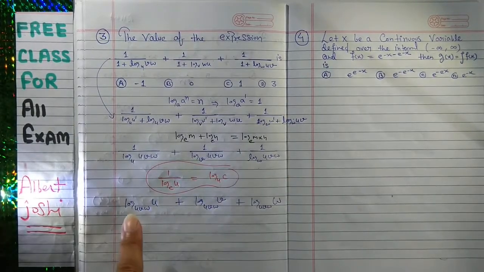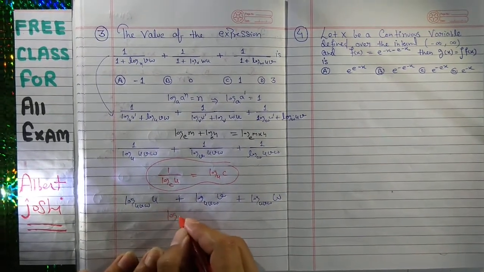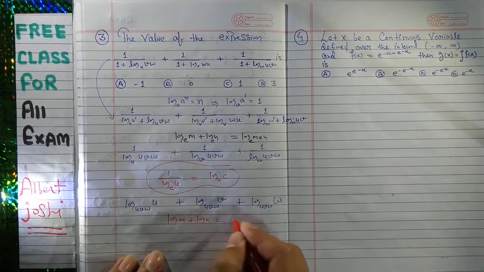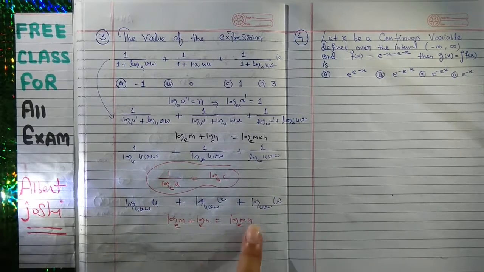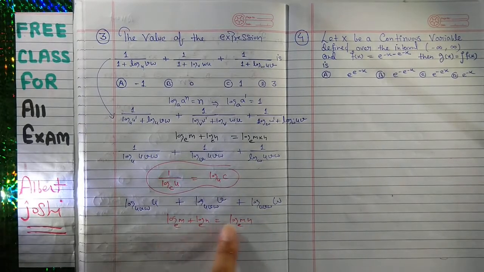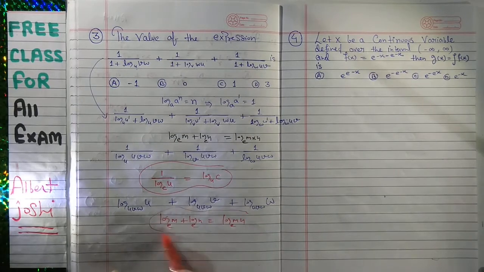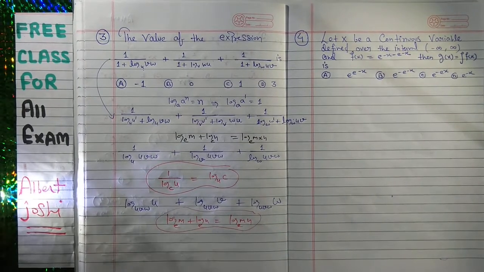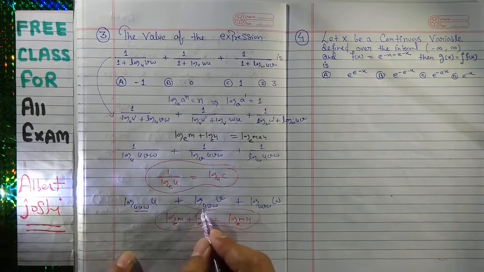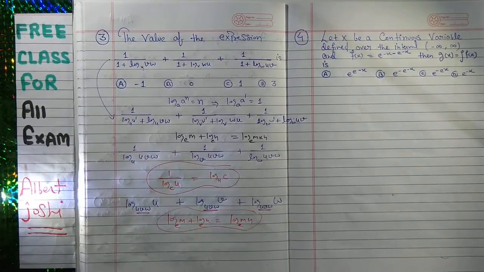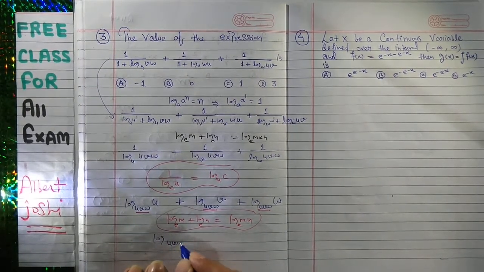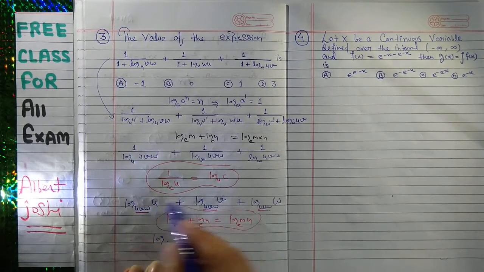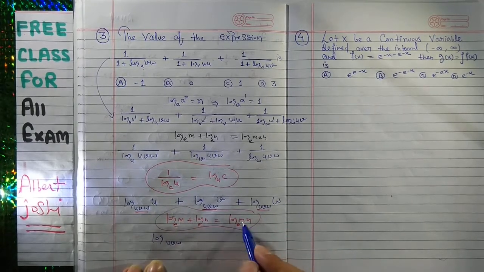Now, when your base is same, then you have to use this formula: log m plus log n is equal to log m into n if base is same. Otherwise you cannot add. Now you can see the base is uvw in all three, so you can write log base uvw of uvw, multiplication m into n.